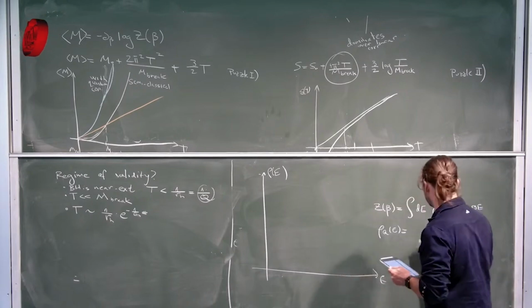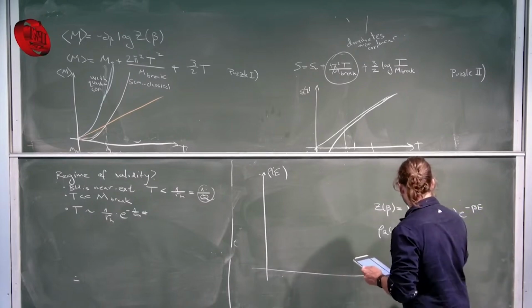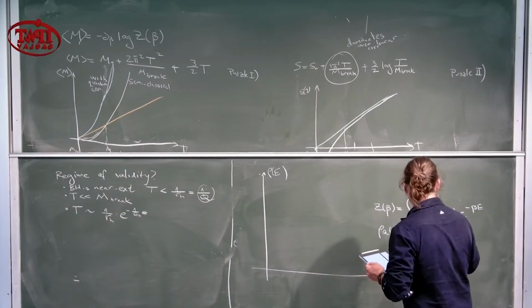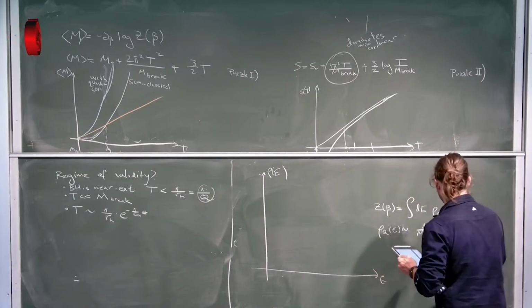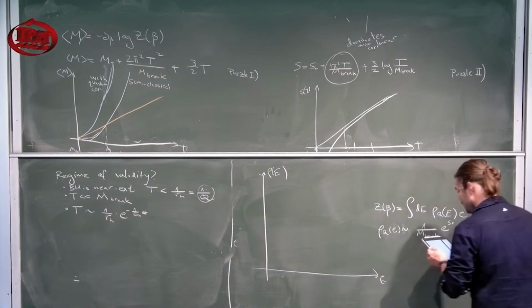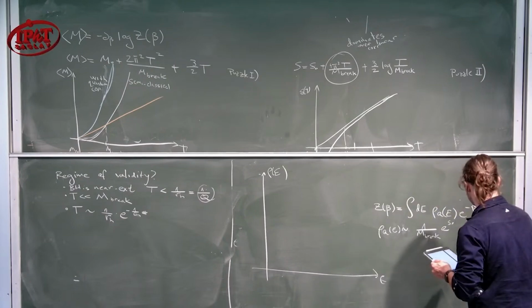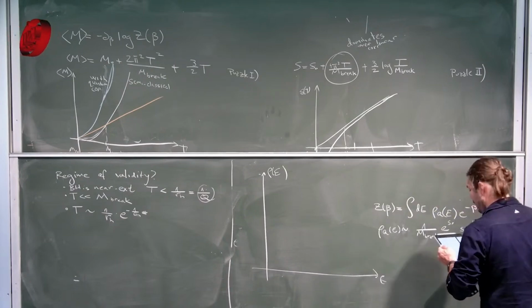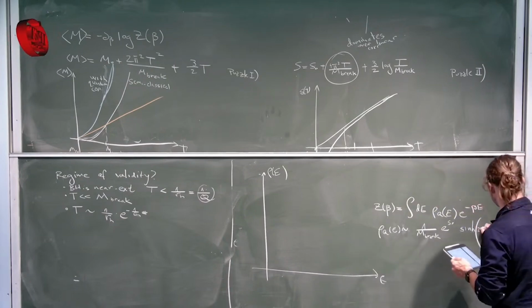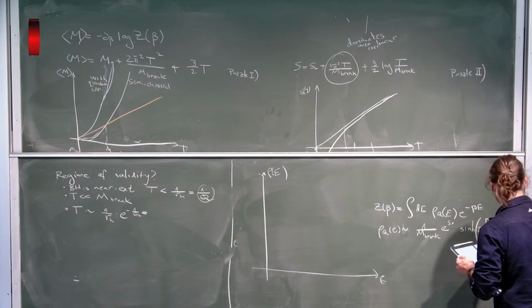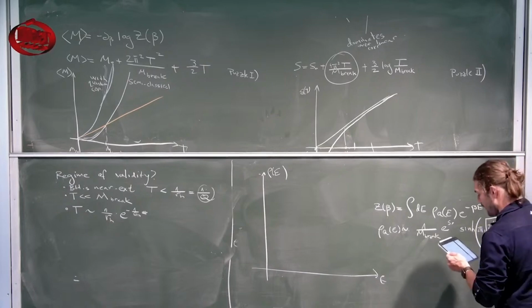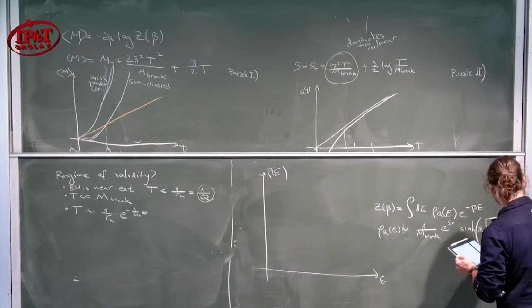That's very revealing. It goes like 1 over M breakdown times e to the S naught times sinh of 2 pi square root of 2 times (E minus M naught) divided by M breakdown.